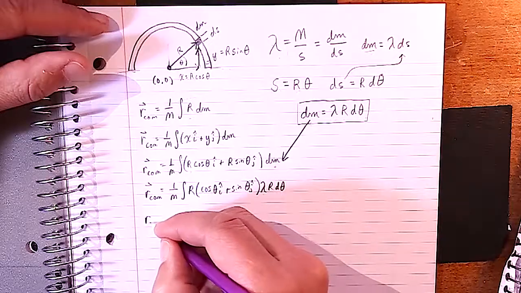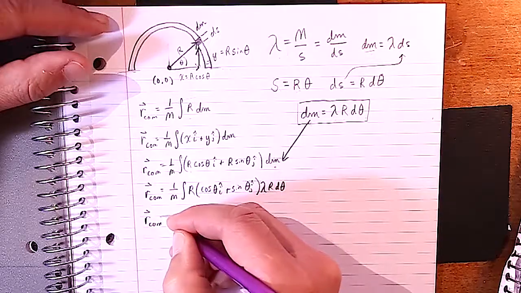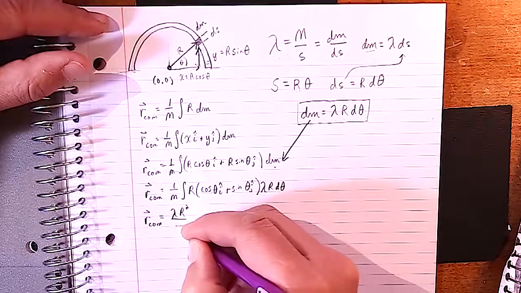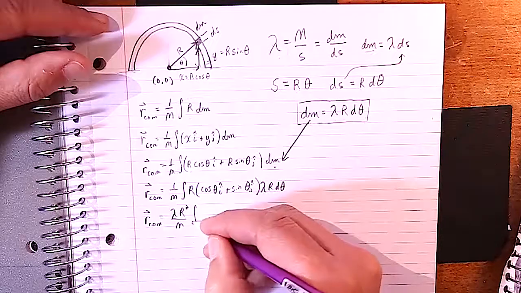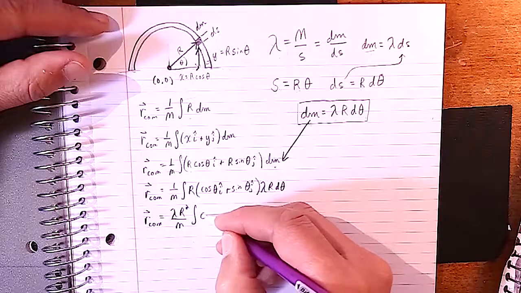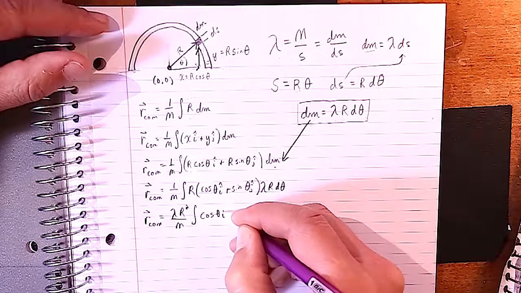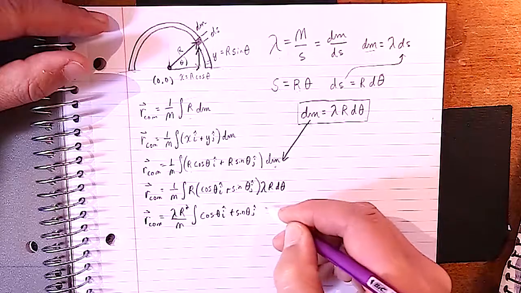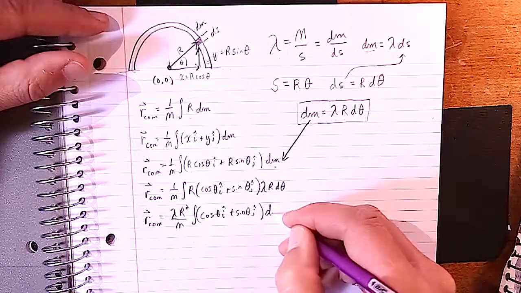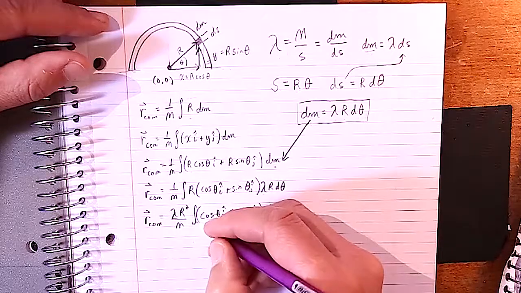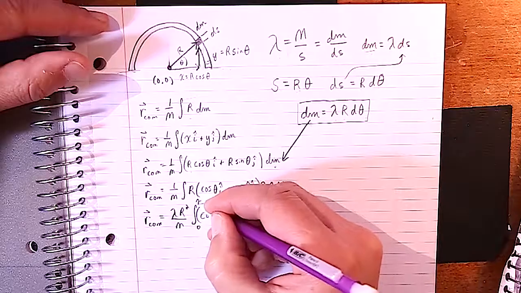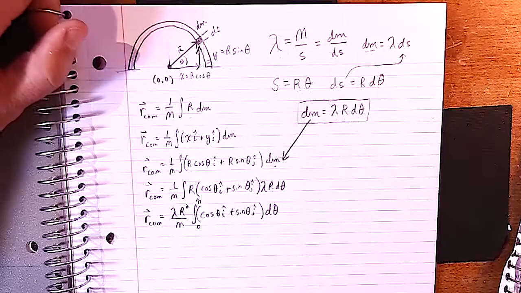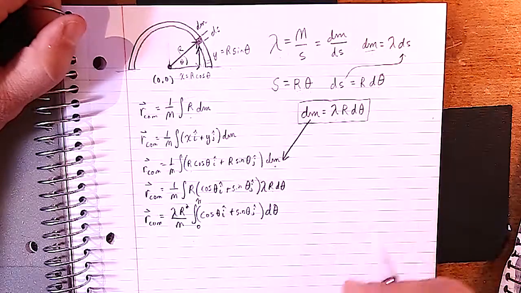So we can bring all of those outside our integral and leave that as lambda r squared over m. And then we're going to integrate with cosine theta i hat plus sine theta j hat, and all of that d theta. And we're going to integrate from 0 to pi, and that is from one side of the semicircle to the other side. If it was for a full circle, it would be 2 pi.